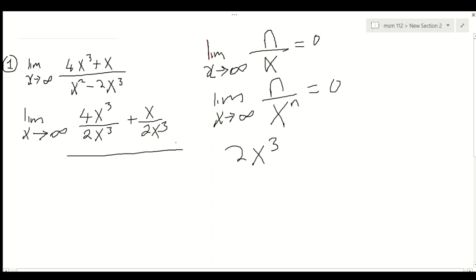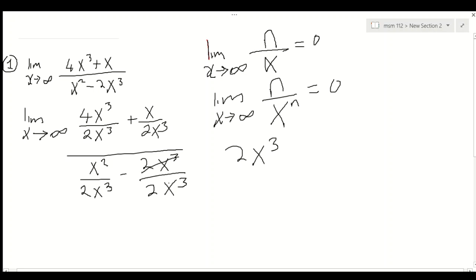You've seen I've divided all the terms by the variable with the highest power in the denominator. So this will be x squared over 2x to the power 3 minus 2 over 2x to the power 3.